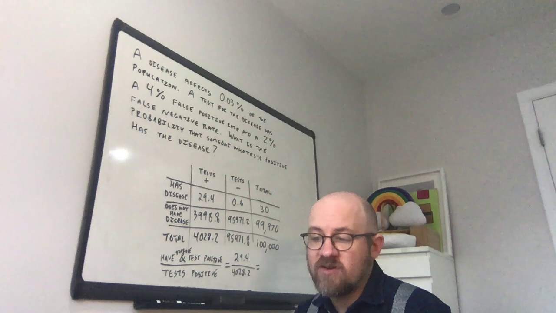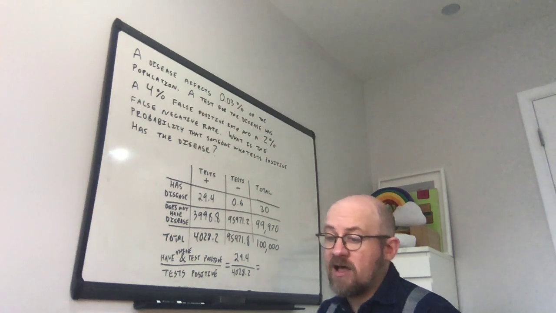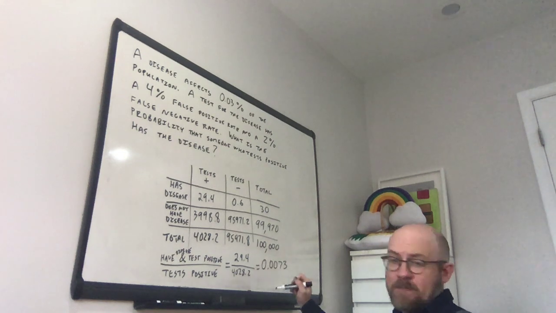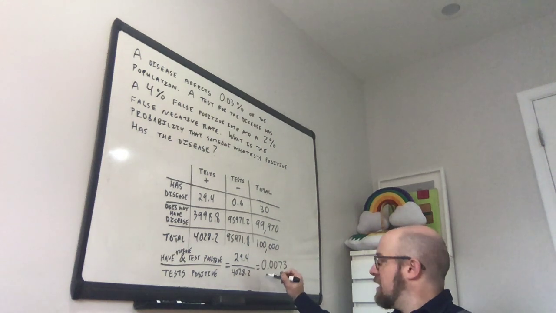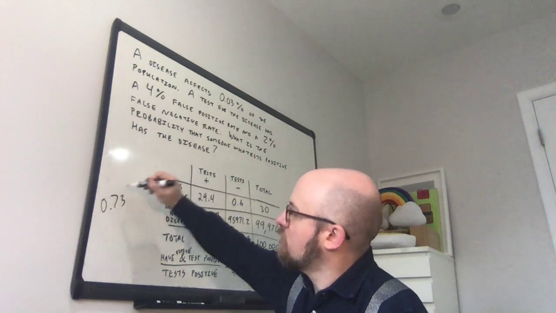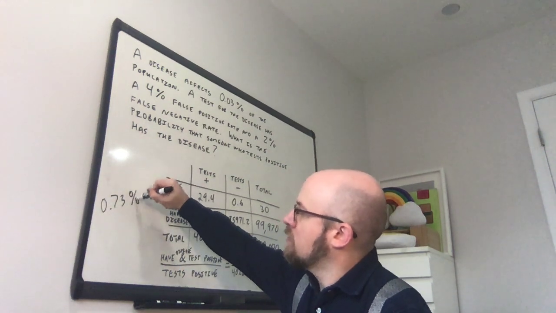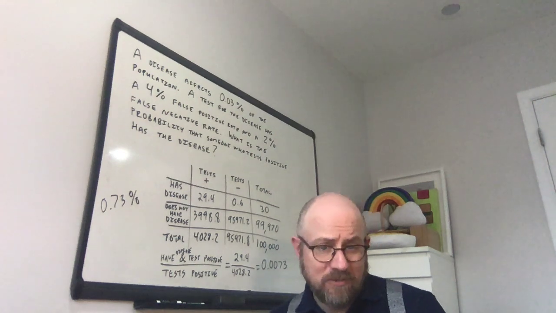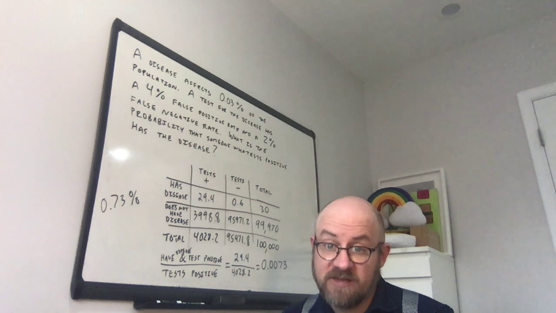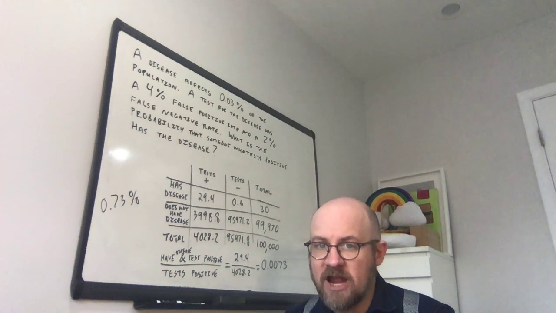And so we end up getting a probability of 0.0073, or if you want to write that as a percentage, 0.73%. Not 73%, 0.73%, right? Because it's 0.0073. So you have to be careful there.